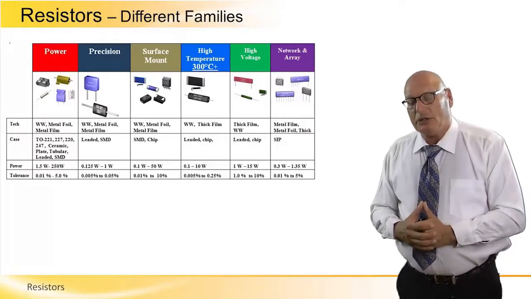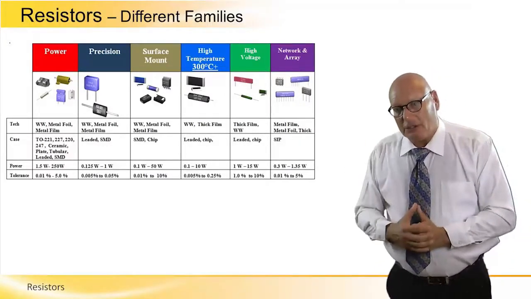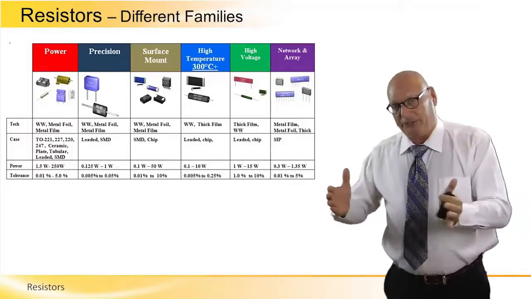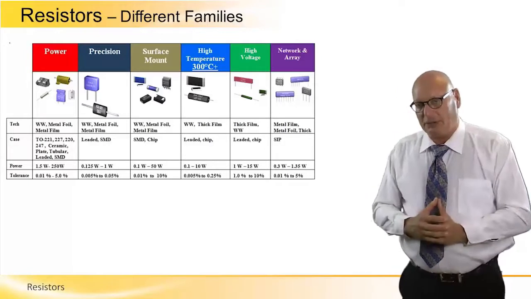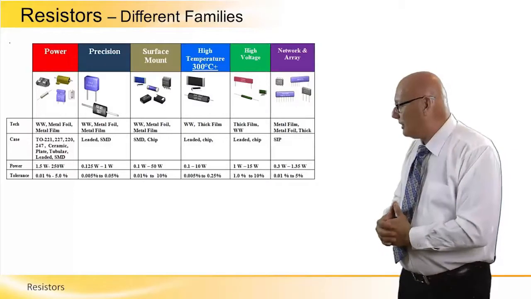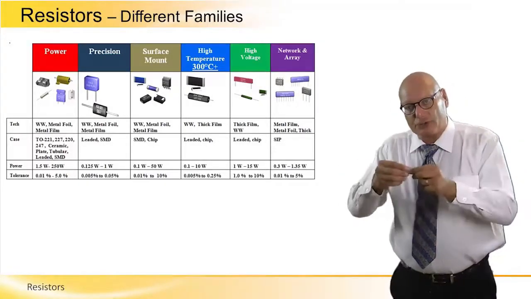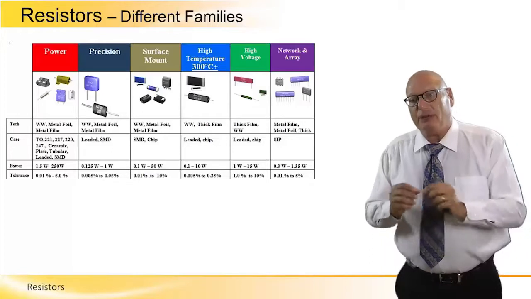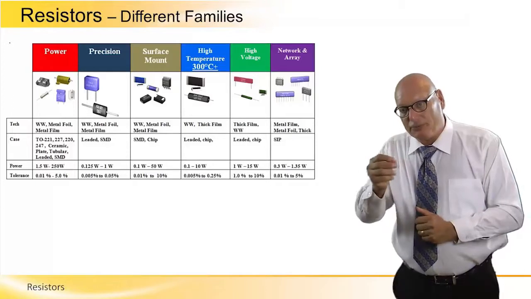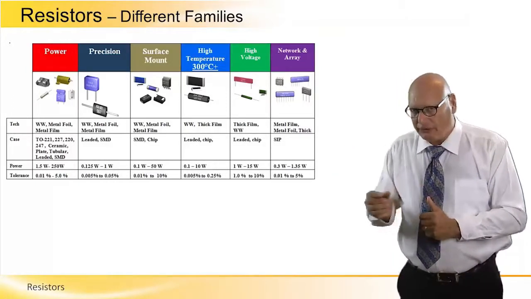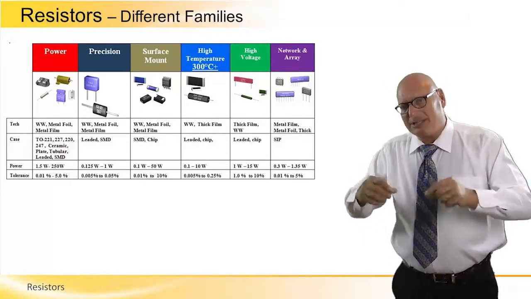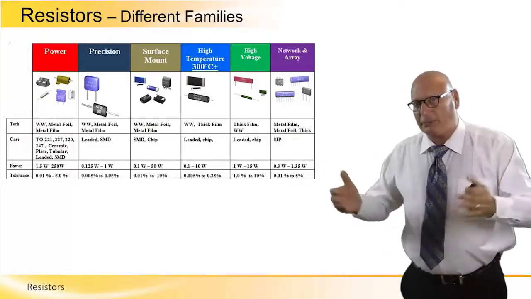The high voltage, between 1 watt and 15 watts, somewhat less precise, and the tolerance is shifted to 1 to 10%, but it's for high voltage applications. And like we said, networks and arrays, a set of resistors within one package, very, very low power resistors, 0.3 to 1.35 watts, very, very low, because basically if we have 6, it will be 6 times 1.35 watts, something about 8-9 watts.